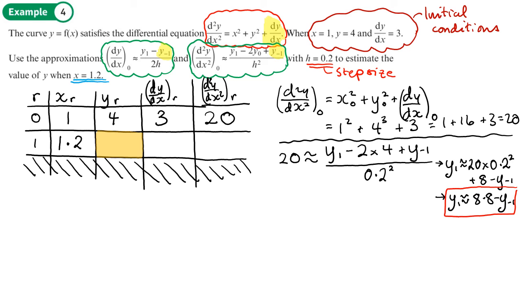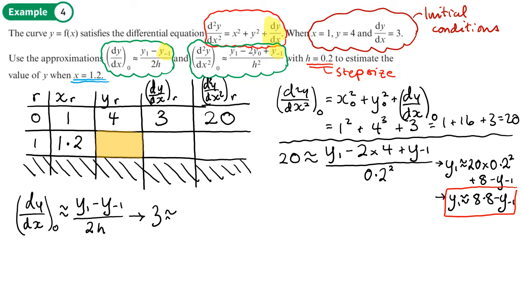So we have dy dx 0 is approximately y1 minus y negative 1 over 2h. dy dx 0 we have is 3. y1 we don't know, that's what we're trying to find. y negative 1, again we don't know, but we can eliminate it, over 2h, so that's 2 times the step size.